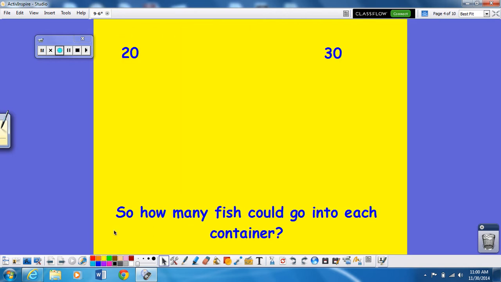So I'm going to go to the next page and show you what that would look like with 20 and 30. I'm going to start, and it doesn't matter what you start with. You can start wherever you'd like. I know 4 times 5 is 20, so I'm going to start with that. The cool thing is 5 is prime, so I'm going to circle it because there's nothing else that goes into 5 other than 1 and 5. 4 is not prime, so it needs to be broken down further.